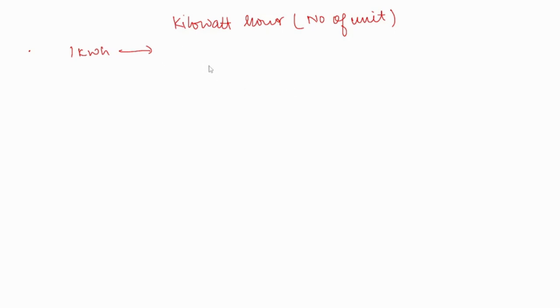So you can write it as the quantity of electric energy which is dissipated in 1 hour in a circuit where your electrical power being supplied is 1 kilowatt.